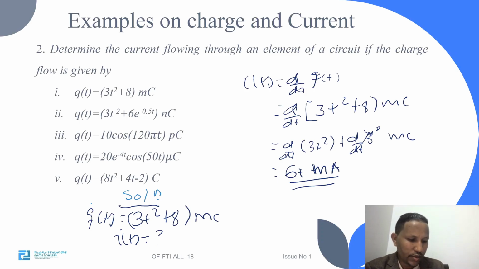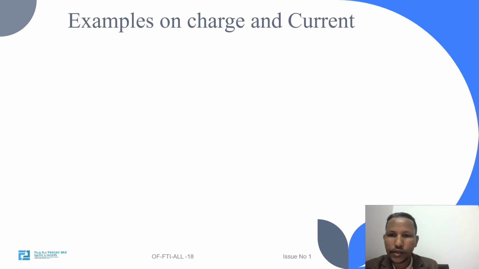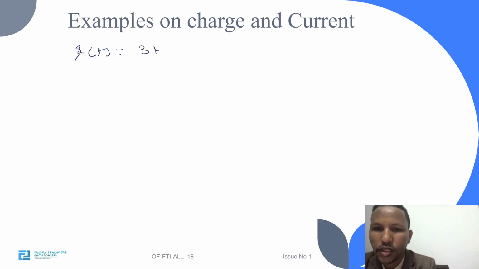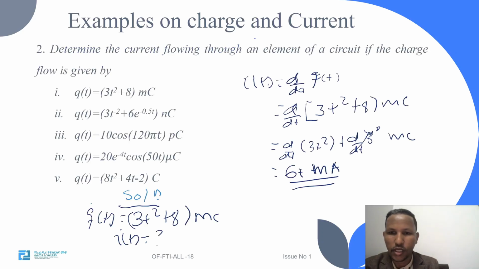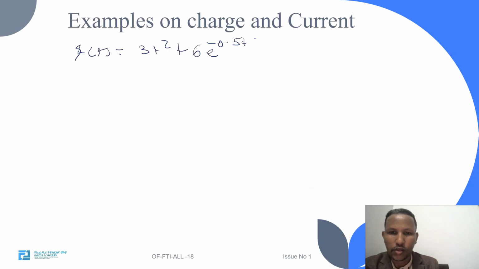The second one, we have given that q of t is 3t squared plus 6 e raised to minus 0.5 t, where 0.5 is the magnitude, in nanocoulomb.